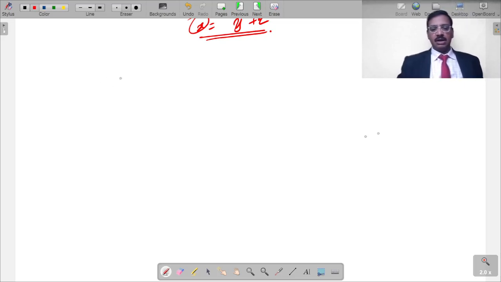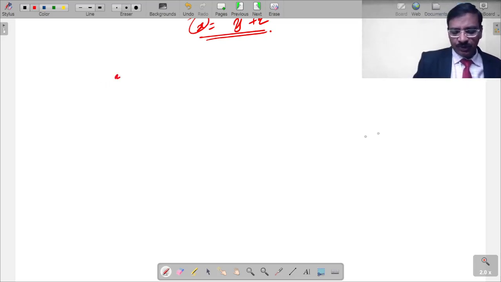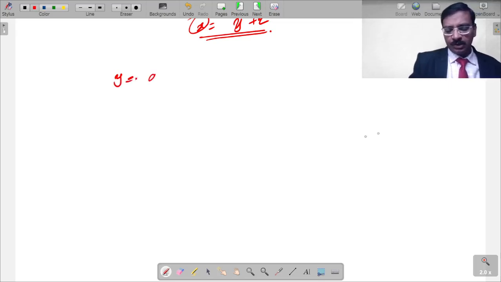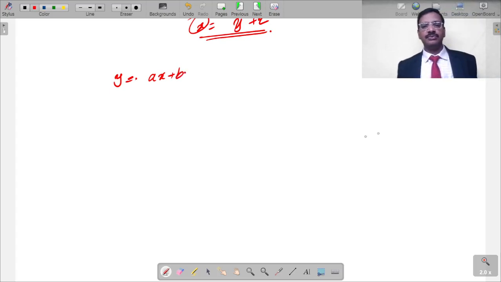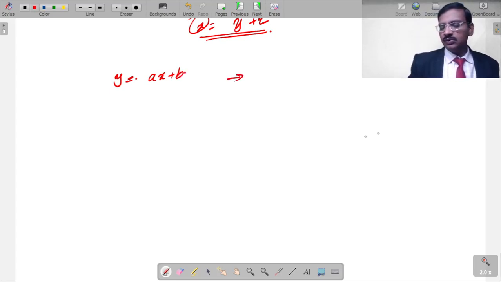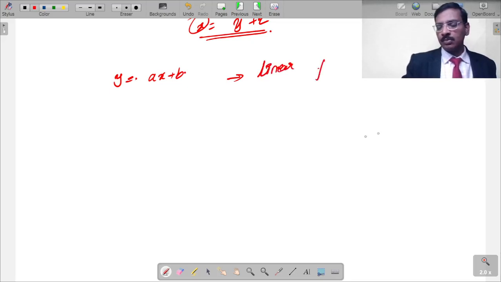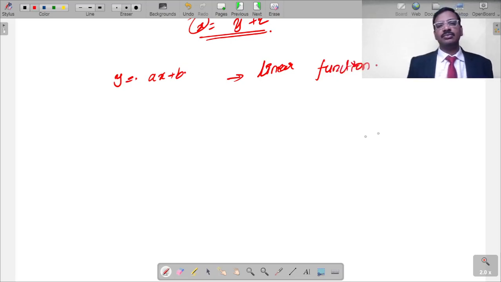Let us say y is equal to ax plus b. So this is one function, and we usually call this a linear function, or a straight line.